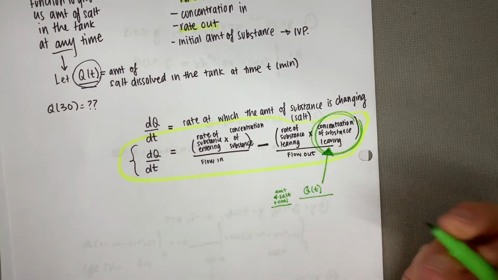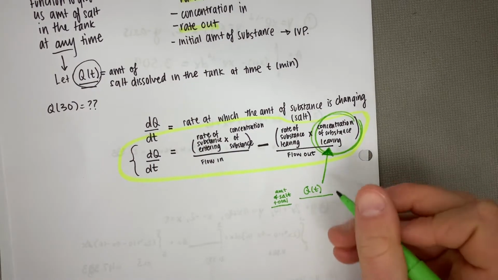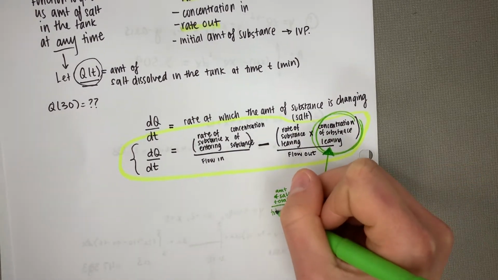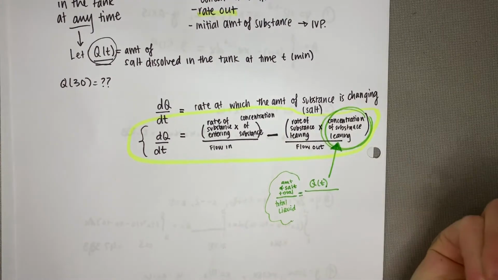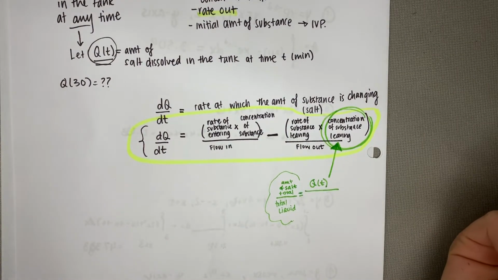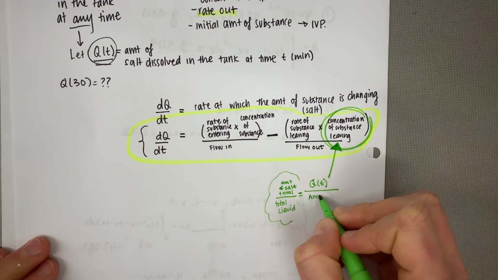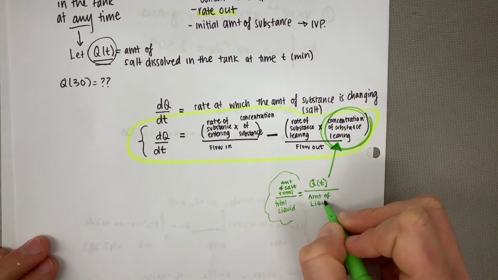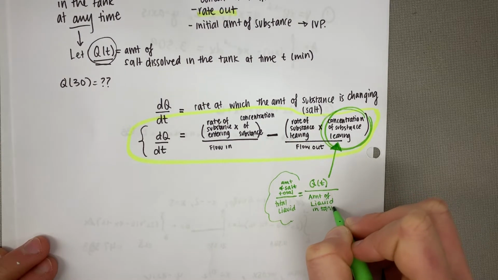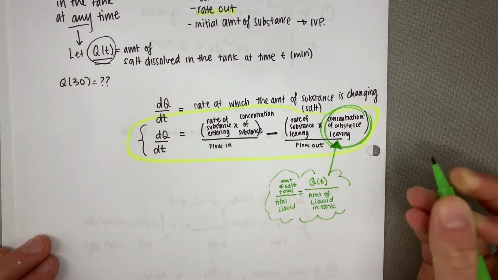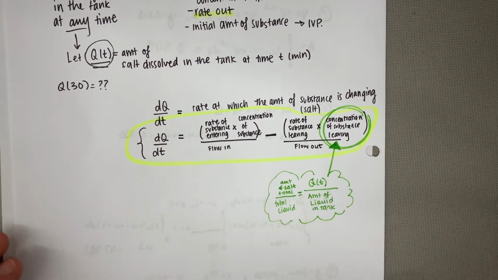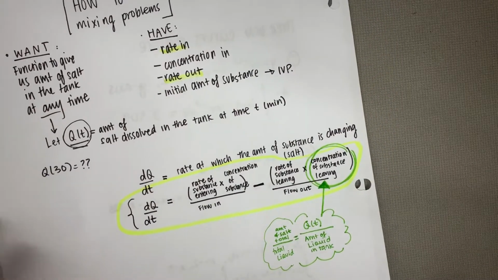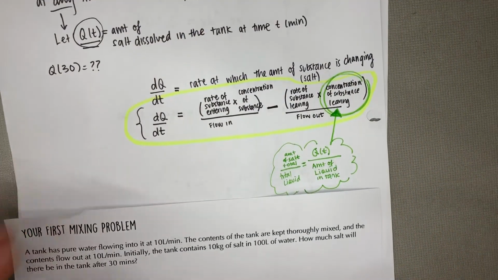Concentration is amount over how much water there is. We defined Q of T to be the amount of salt in the tank, divided by the amount of liquid in the tank. This is going to be really helpful when we are setting up our mixing problem. All right, I think we have everything we need for our next step, which is to attack the problem itself.